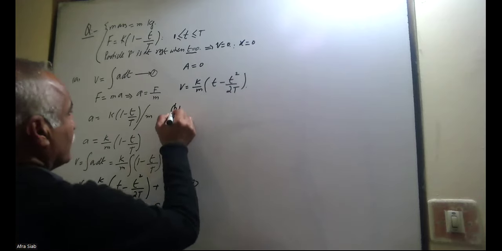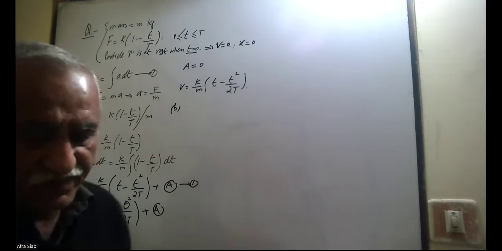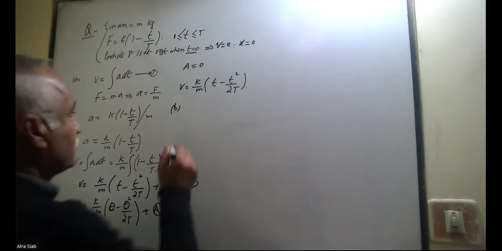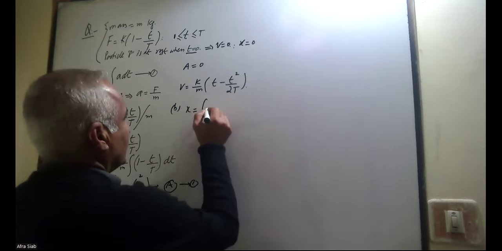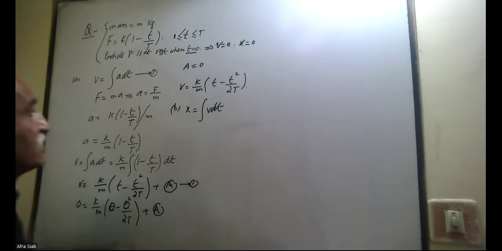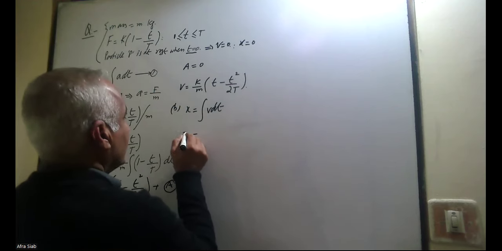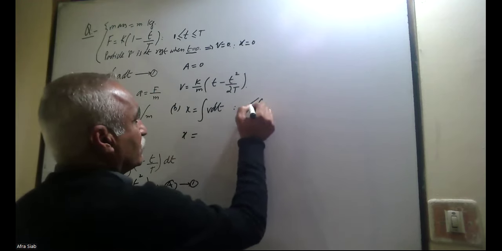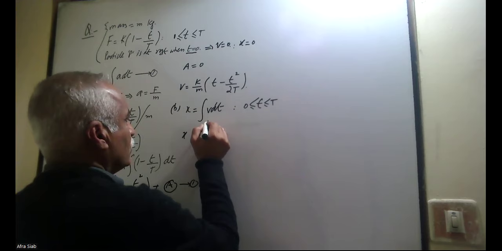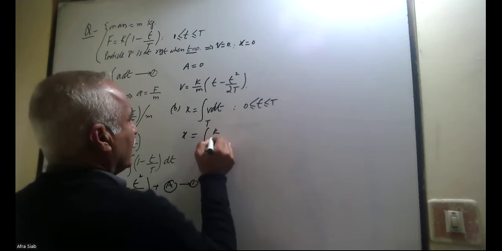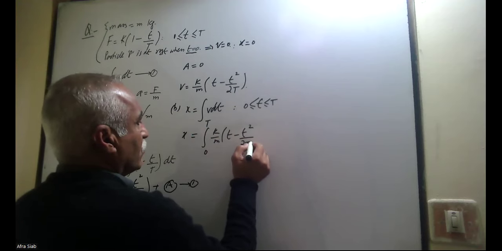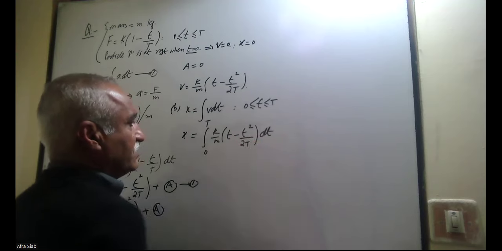Then the second part of this one is to find the displacement. We know that the displacement x is basically the integral of velocity, and velocity is given to you as k/m (t - t²/2T), with limits from t equals 0 to T. So we can write this as the integral from 0 to T of k/m (t - t²/2T) dt.